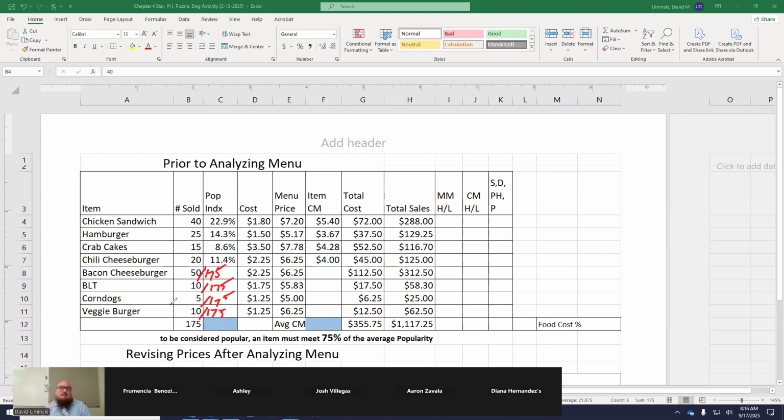Or maybe over in the margins, do a little note: popularity percentage is equal to the item served divided by total served.